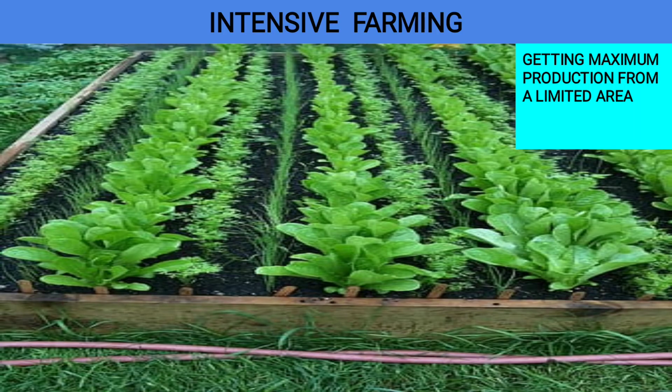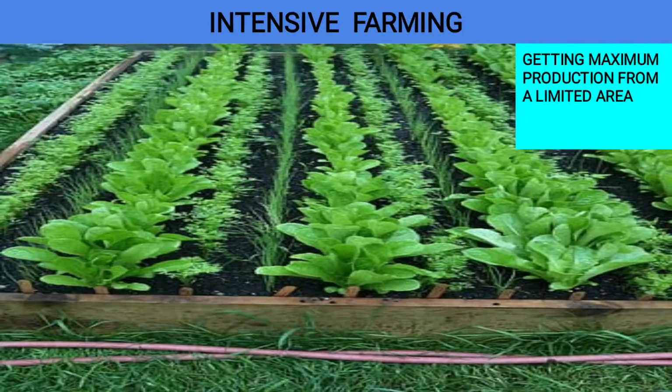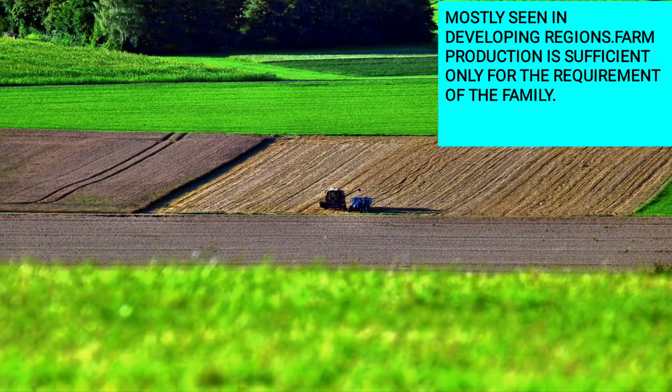Now what is intensive farming? Intensive farming means the land, whatever you are going to choose for farming to cultivate the crops, the size of this land will be small but maximum production. So getting maximum production from a limited area, this happens in intensive farming. Now where is the intensive farming done?